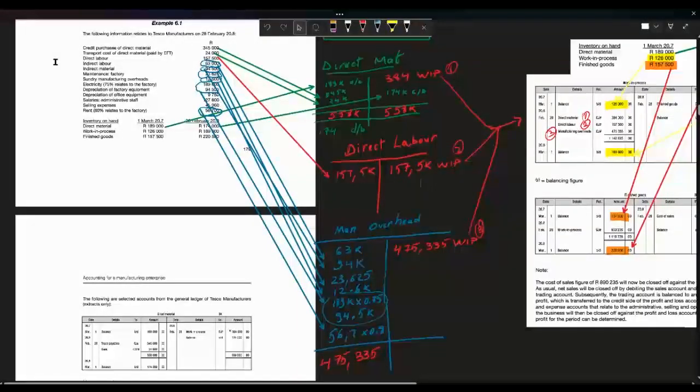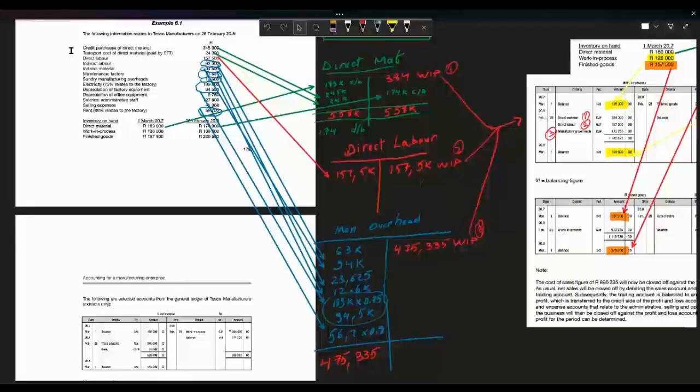The rent, for example, what is related to the factory is 80% of the rent. So only 80% of the rent needs to be taken into account. So as you can see, straightforward. Do we need to take the depreciation of factory equipment? Absolutely, because this is for the manufacturing.